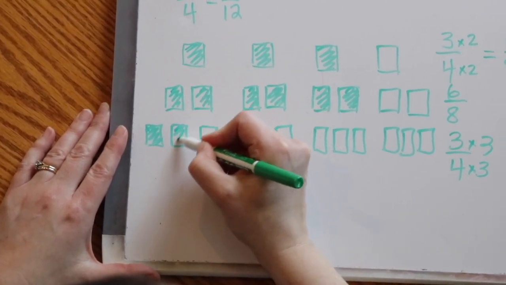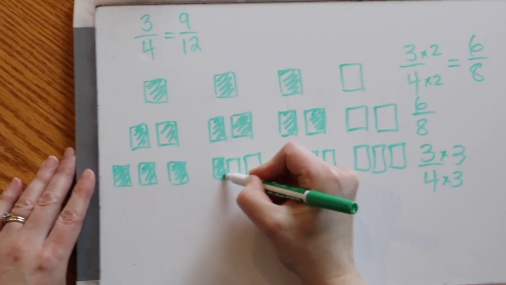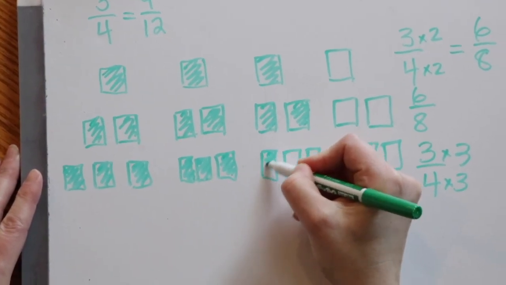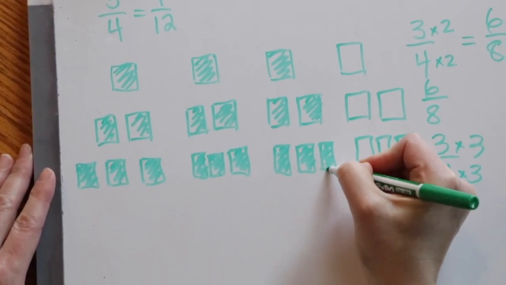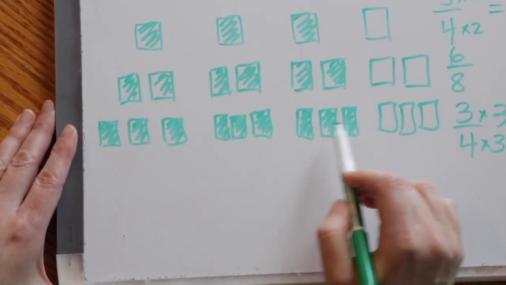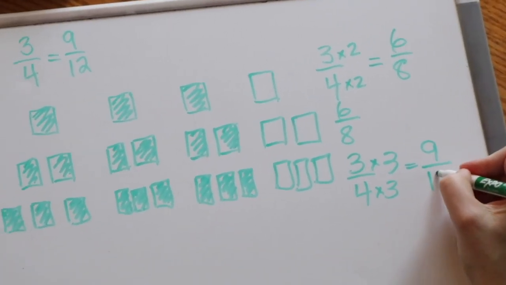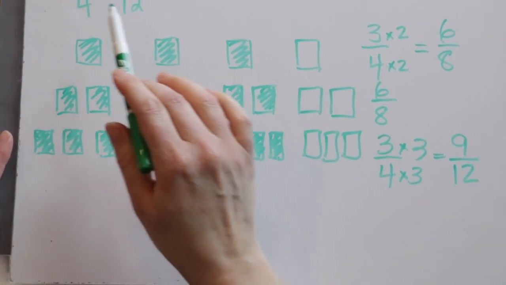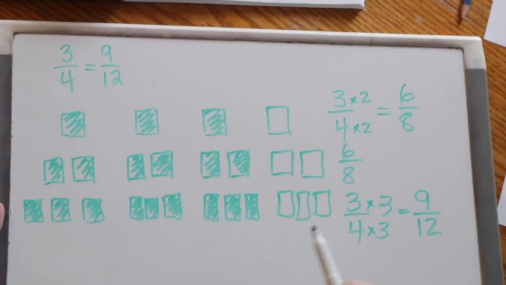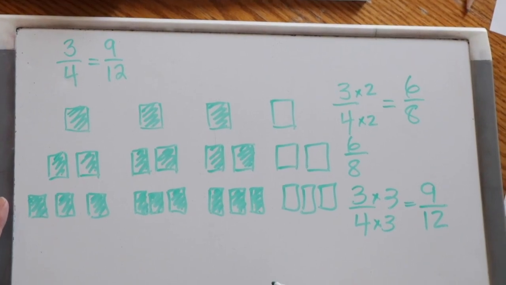And then we're going to color in 3/4 of all those squares, which is going to give us 3, 6, 9 over 12. And so therefore he can prove using pictures that 3/4 is equivalent to 9/12.